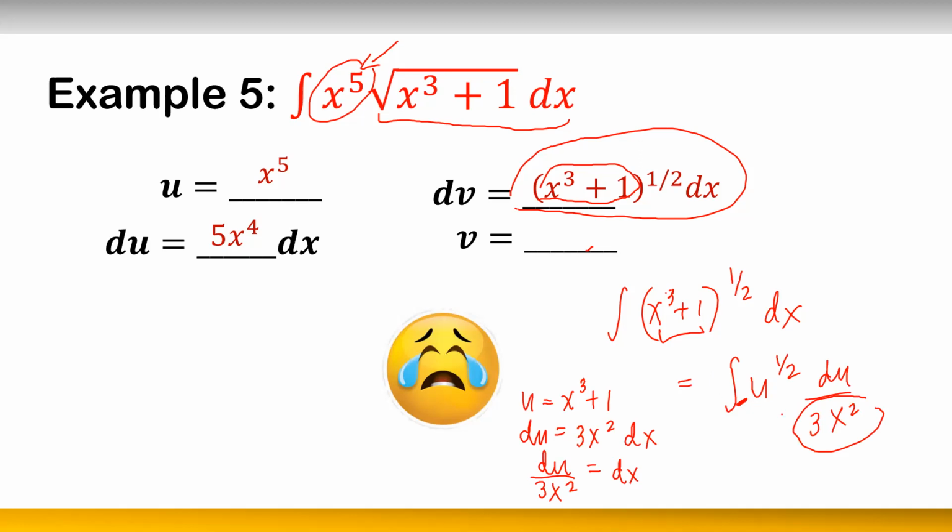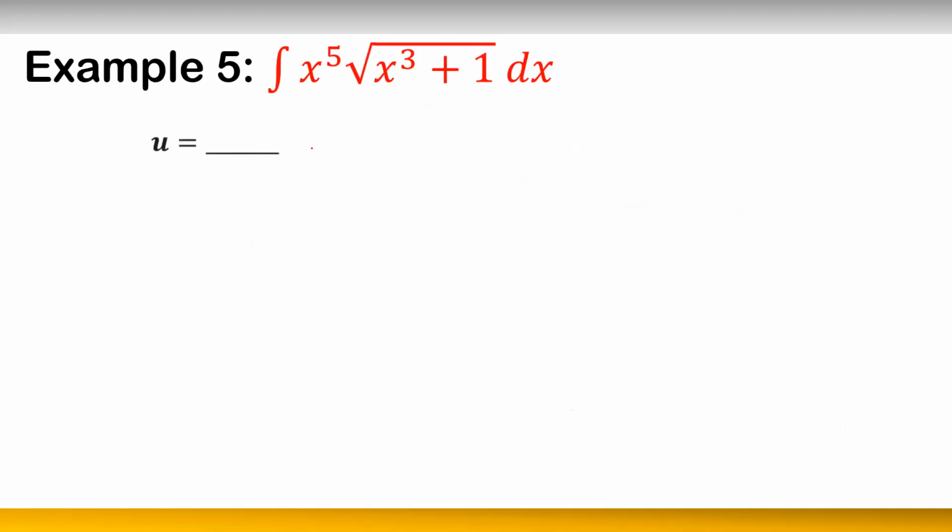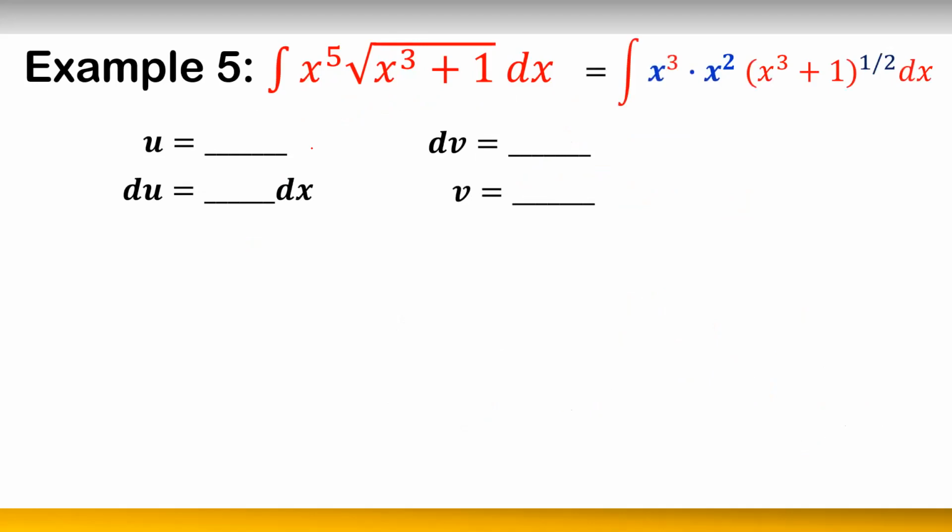Kaya yun yung necessity. Okay lang si 3. Si x squared yung may problema. Kaya si x squared yung kailangan nating utangin kay x to the fifth. Okay? So, ayun po. Utang tayo kay x to the fifth. Ayan yung ating template. X to the fifth becomes x cubed and x squared. Okay? X cubed times x squared is x to the fifth.